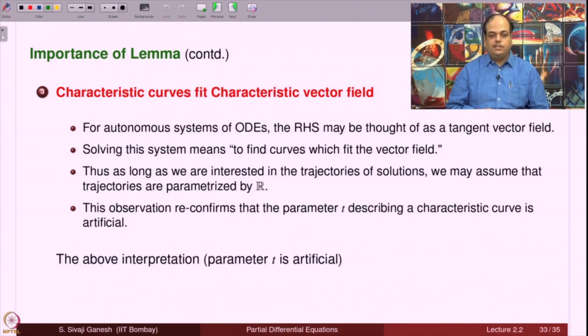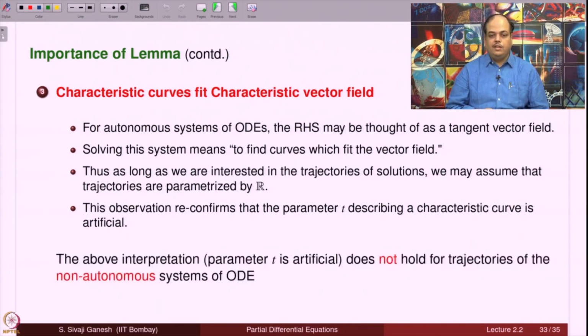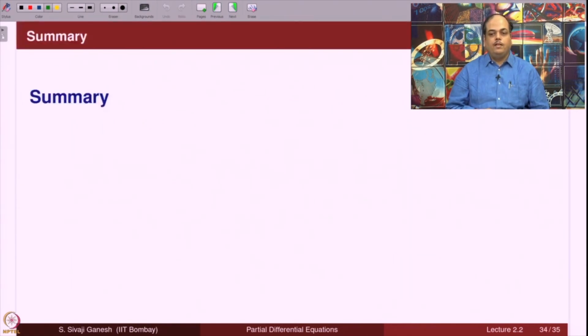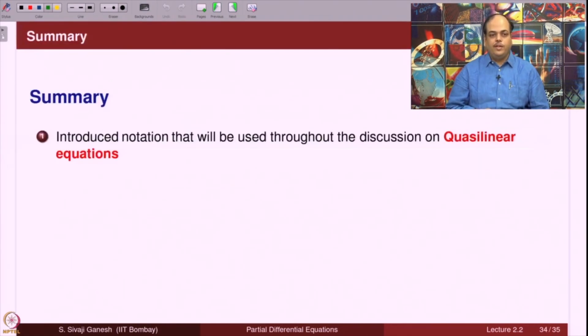The above interpretation, that the parameter t is artificial, does not hold for trajectories of non-autonomous systems of ODE. The proof of the lemma suggests where the proof will fail, and hence that is the reason why this will not hold.